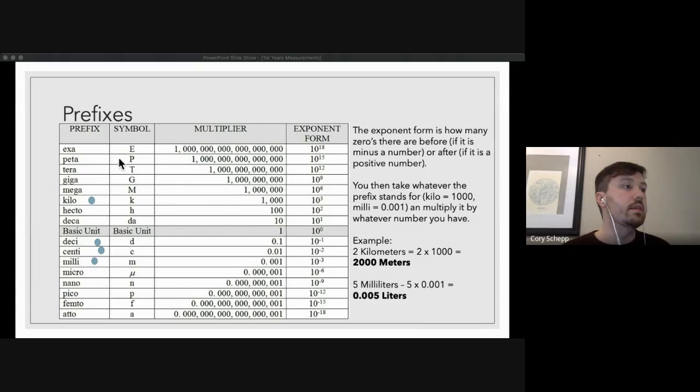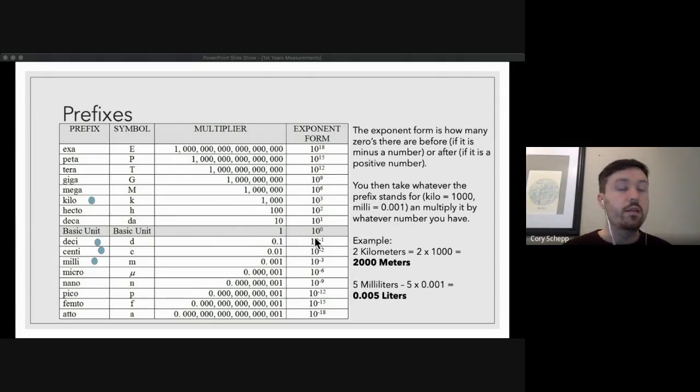That's all this is. And so this is pretty important when it comes to taking measurements. If you're measuring a really, really large number, you're not going to measure the distance from where I am in Kildare to Dublin in meters, and it wouldn't make much sense, right? It'd be a lot of meters. So what you might then do is shorten that to kilometers, right?